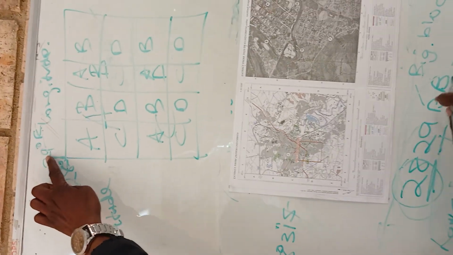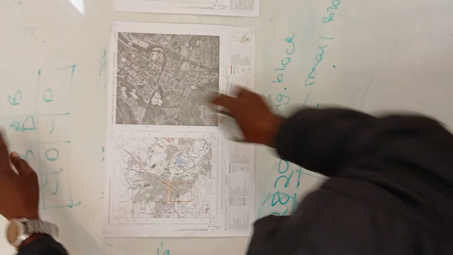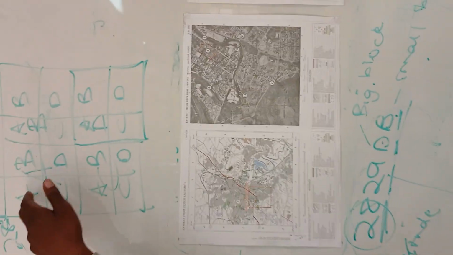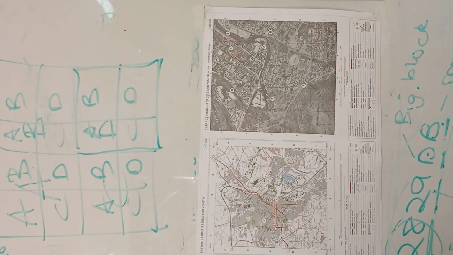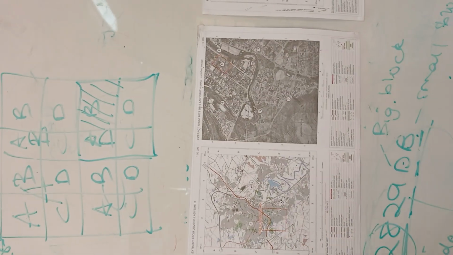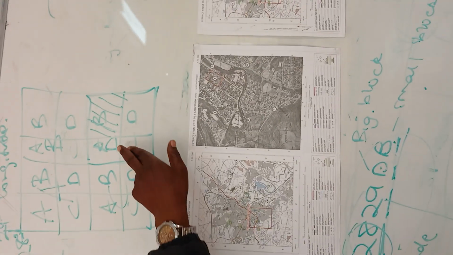Then the bigger block is D: A, B, C, D. This is the bigger block D. Then the smaller block is B, which is the area shown on our map, 28, 29 DB.